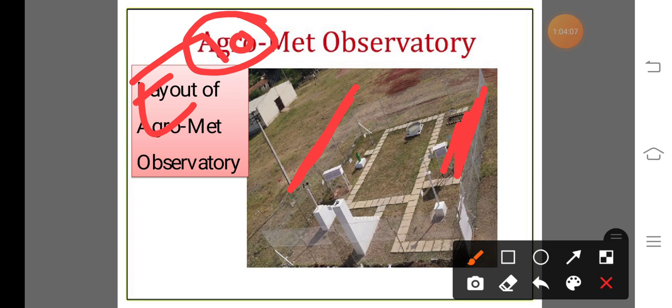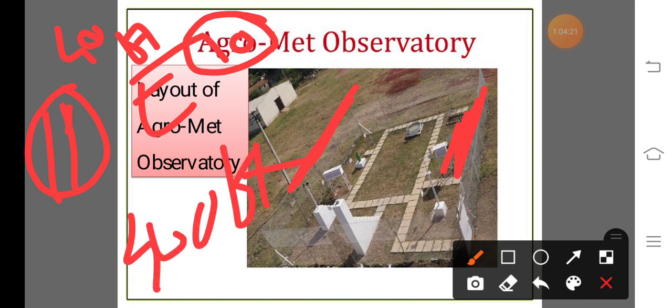Suppose a forest area or a building is present and the building height is 40 feet. Then 10 times, that means 400 feet away, the observatory is installed from the east and west direction to avoid the effect of the tallest object on recording the observation of weather elements.